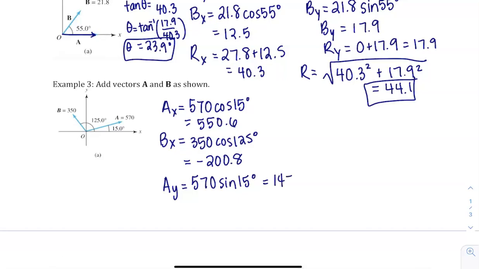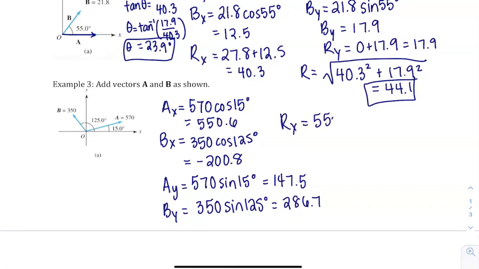Then we need our Ay, which is going to be 570 times sine of 15 degrees. We get 147.5, and By is 350 times sine of 125. And this one should be positive since it is going up. We're looking at 286.7. So overall, the Rx is 550.6 plus negative 200.8, giving us 349.8.